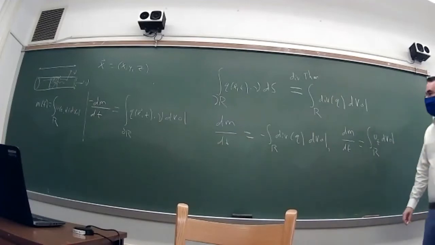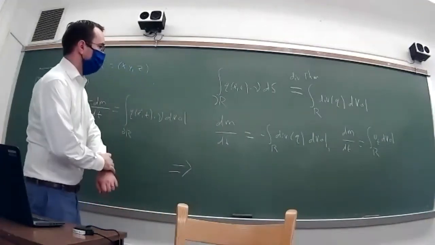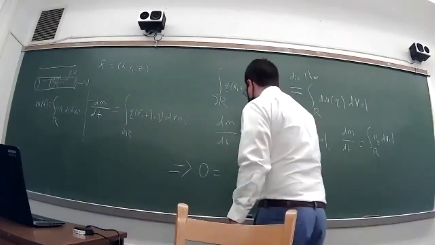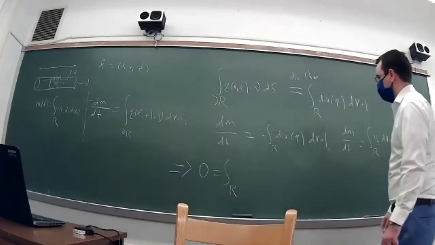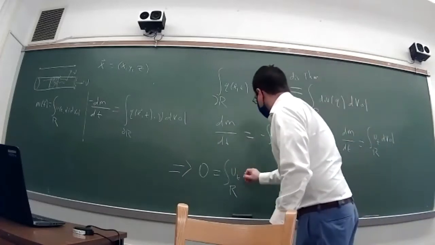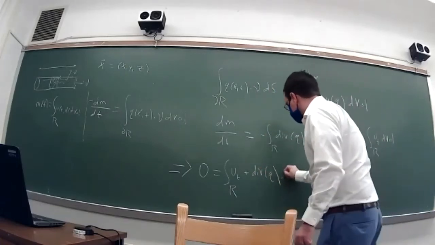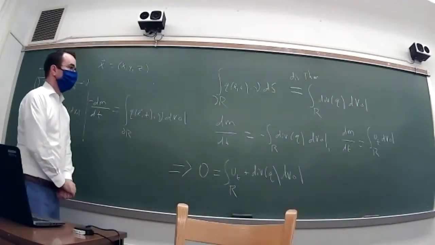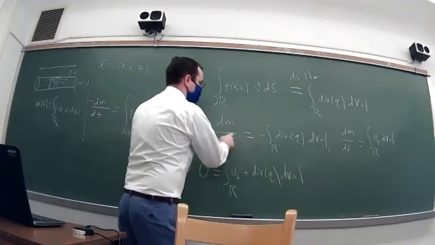Now you put it together and you end up with 0 equal to the integral over R of u sub t plus the divergence of q, and then bring it to the other side.